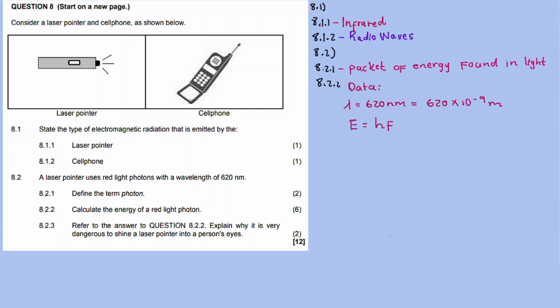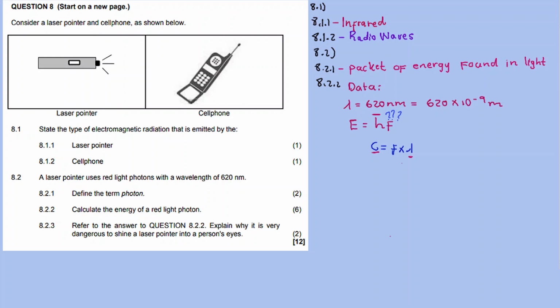Well, h is a constant, but f is the frequency. So how do I calculate the frequency? I use the formula: speed of light is a constant, equal to frequency times wavelength. I have the wavelength as well as the speed of light, so I can calculate the frequency.